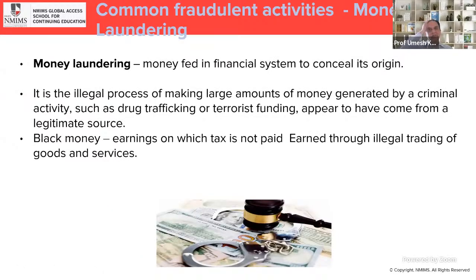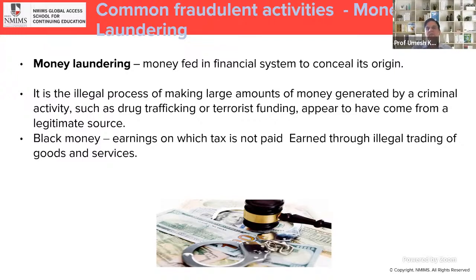And the last kind of fraudulent activity is called money laundering. All of us have heard this word before. It has been quite in the news. Politicians, famous personalities, a lot of money laundering cases are coming up. This is basically transporting money into the financial system to evade taxes, one of the biggest reasons, and to fund activities which are not genuine.